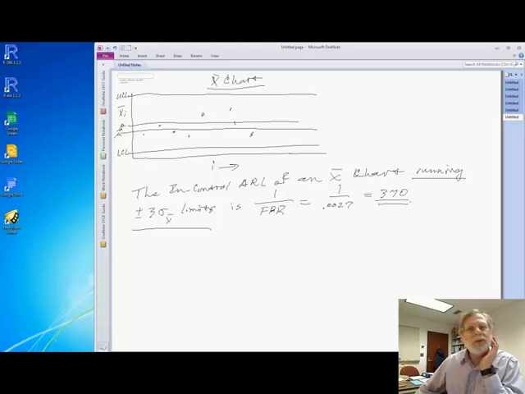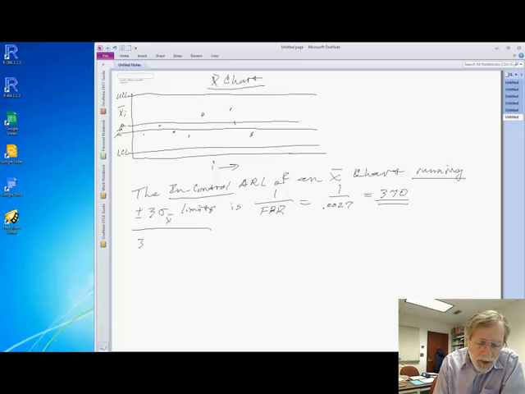So 370 what? 370 subgroups on average will be plotted before the chart gives a false positive, because you're in control. That's what that means.